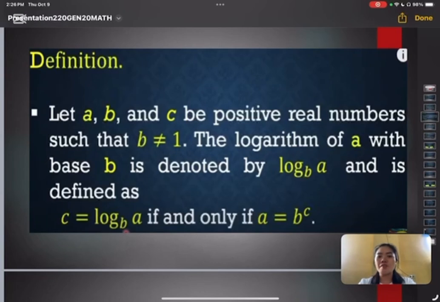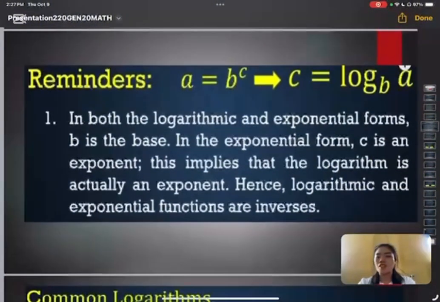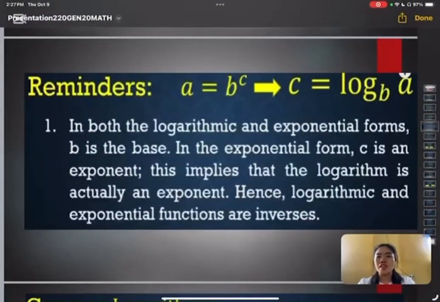The logarithm of A with base B is denoted by log A with base B and is defined as C is equal to log A with base B if and only if A is equal to B raised to the power of C. That's the exponential equation.